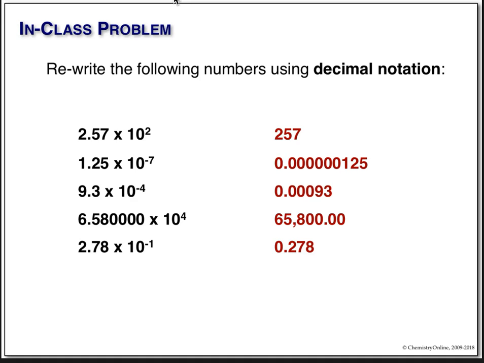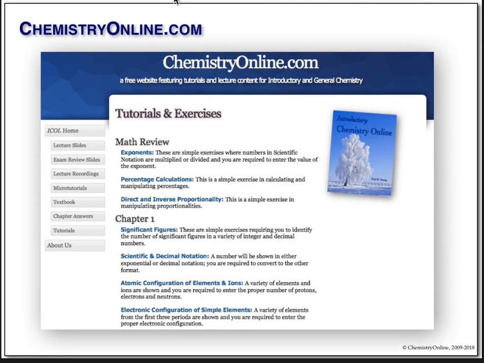Now, in this course, it's essential that converting between decimal and scientific notation be so automatic to you that it's like breathing. Okay? So, there's a tutorial to describe this. Lots of practice.